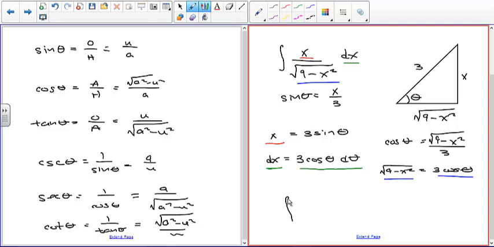So my original integral, which was in terms of x, now is going to be in terms of theta. For x, I put in 3 sine theta. For the square root of 9 minus x squared, I put in 3 cosine theta. For dx, I put in 3 cosine theta d theta.